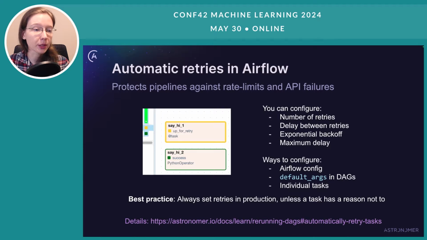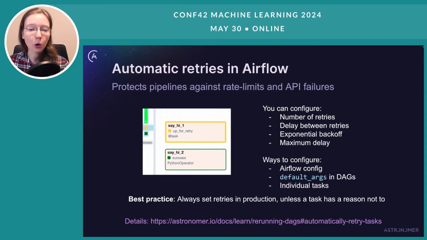You can configure a specific delay in between the retries, or you can also say you want to have an exponential backoff, so it takes longer and longer after each try to try again. You can set a maximum delay as well. The ways to configure retries: you can configure them in the Airflow configuration, so you can set them for your whole Airflow environment.